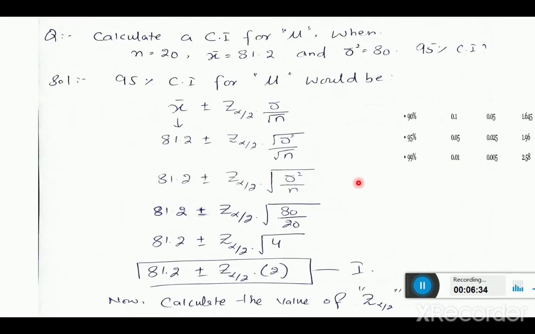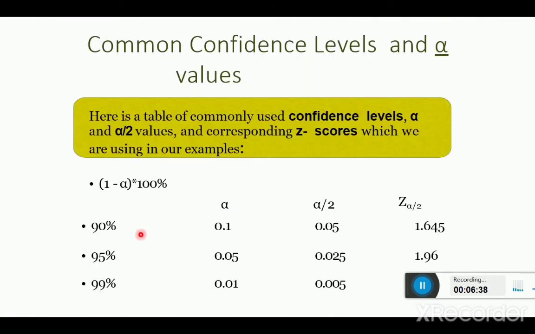Now from the table, that is the previous table, here is 95% and here is alpha 0.05. The value is 1.96. It comes under your z alpha by 2. It means 95% confidence level, 5% means 0.05, that is the value of alpha, and the z alpha by 2 value is 1.96.